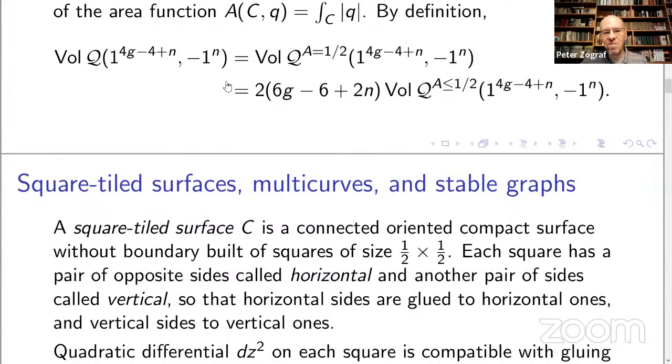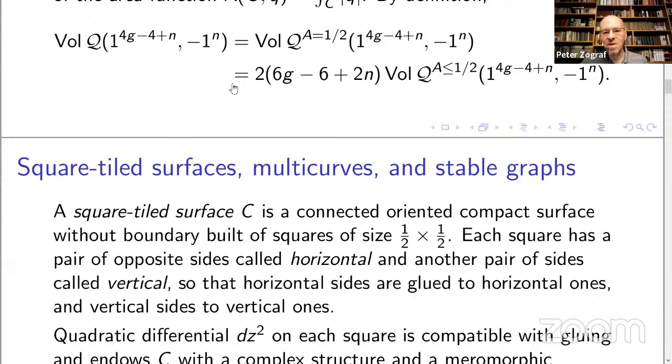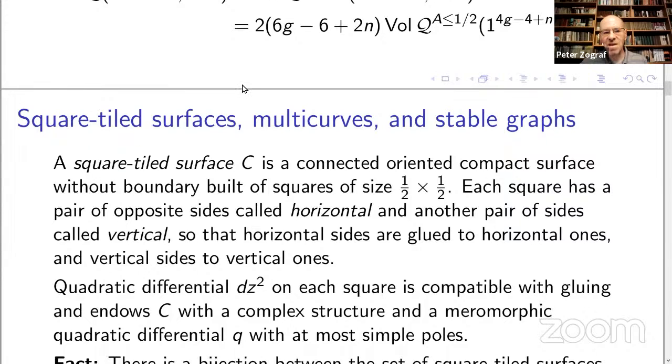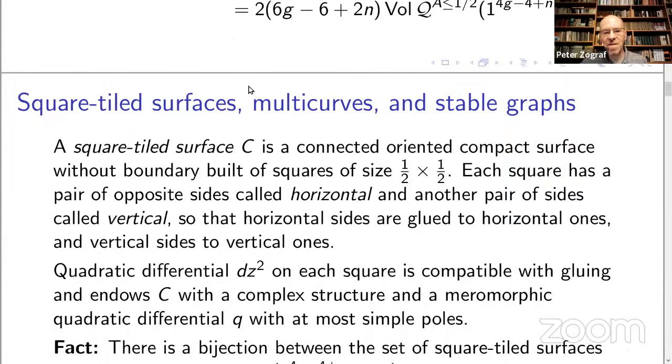That's a quadrangulation of the surface with additional properties that each square has a pair of opposite sides called horizontal and another pair of opposite sides called vertical. So that horizontal sides are glued to horizontal ones and vertical sides are glued to vertical ones.